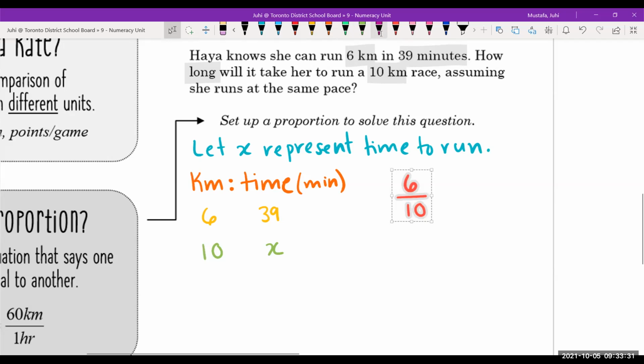And then I take the numbers in the second column and I make them into a fraction and I write down 39 over X.